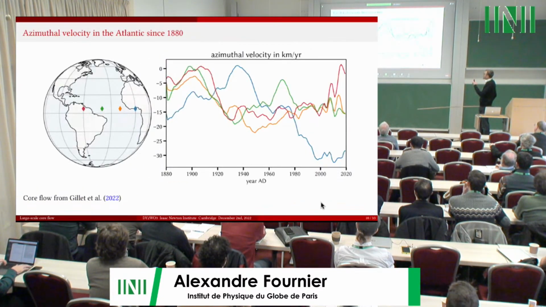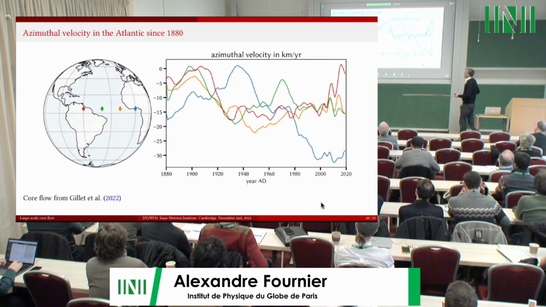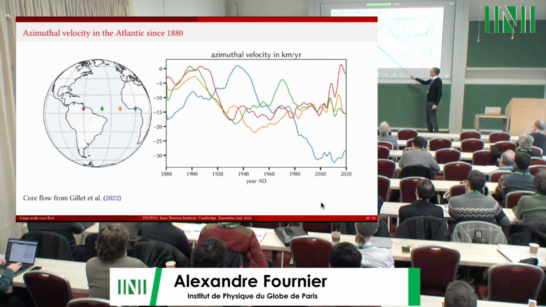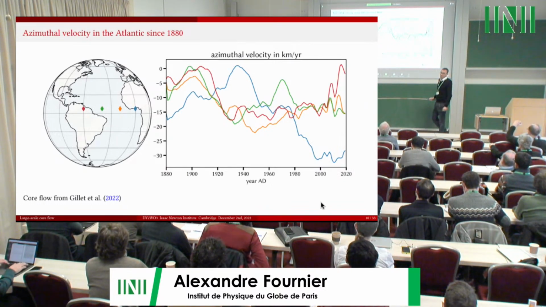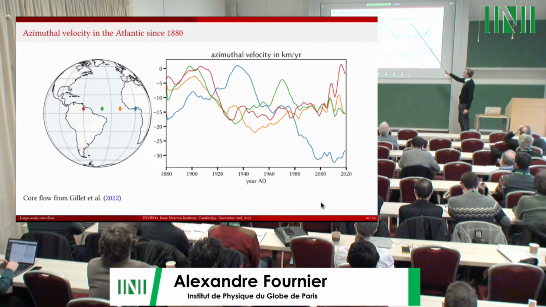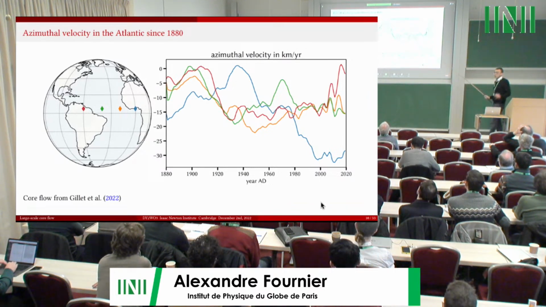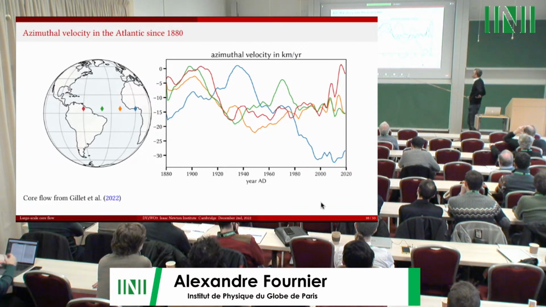And so what I'm going to do next is to try to get a feeling for the time dependency of the flow by placing virtual velocity sensors at the core mantle boundary underneath the Atlantic. So you're looking at the fluctuation of the azimuthal velocities there between 1880 and 2020, which is the time span of the flow model that Nicolas computed.